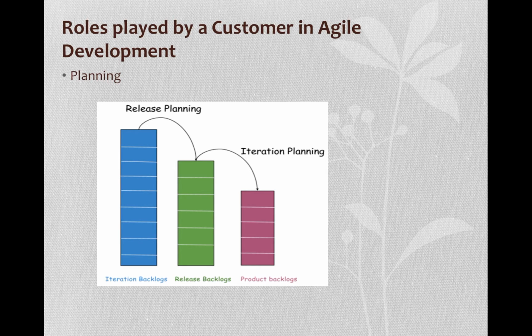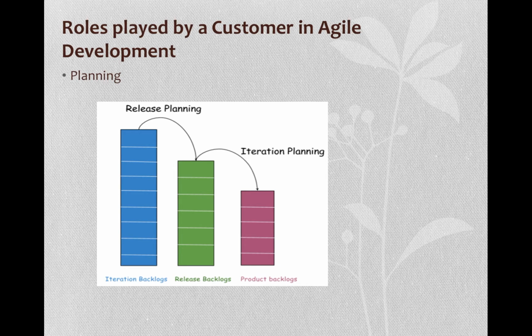Everything is decided by the customer and the development team. So basically the customer gives his valuable suggestions to the development team. If there are any backlogs, the customer prioritizes the user stories, and he collaborates with the development team on releasing these backlogs.